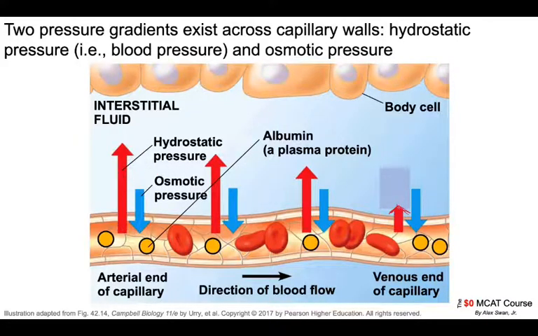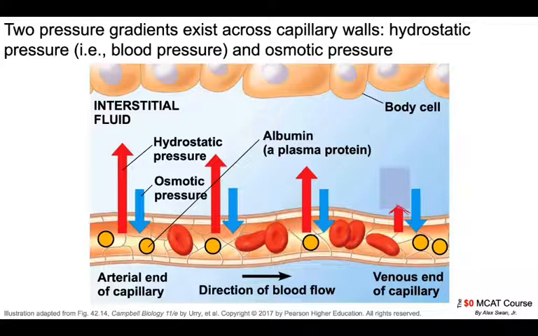This hydrostatic pressure force, which describes how hard the blood pushes against the walls of the capillaries, is going to decrease, as you can see by the size of this red arrow, which becomes smaller and smaller and smaller as we move towards the venous end of the capillary bed.